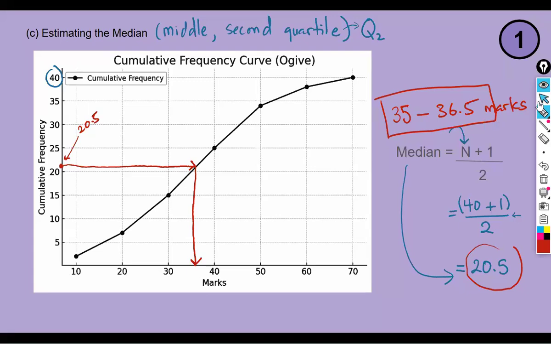To be fair, anything between 35 and 37, including 35 and 37, I'm going to consider correct. Then people would take home the marks for that question if they got anything between 35 and 37.